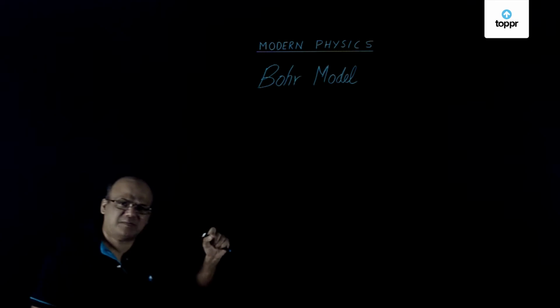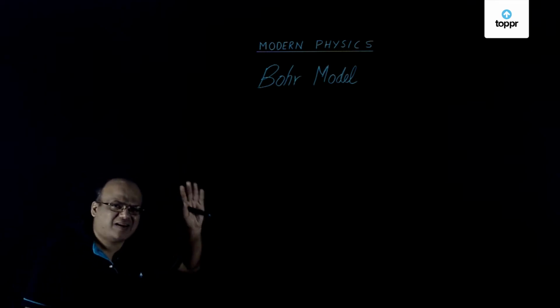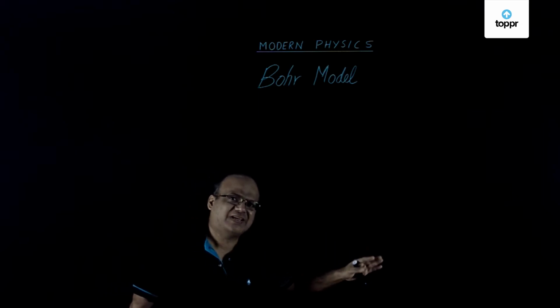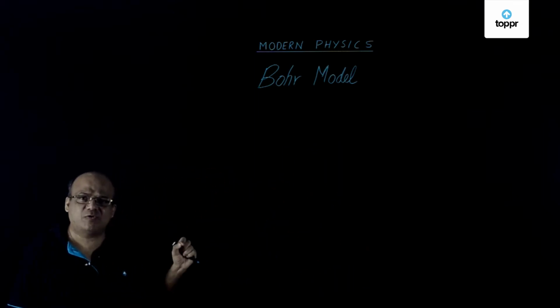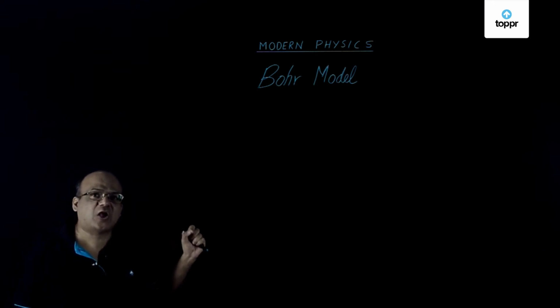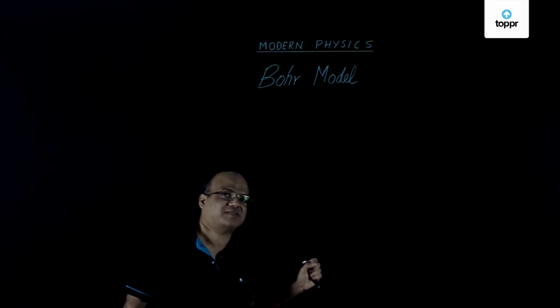The basic assumption he made was that electrons cannot move in any orbit they like. Electrons can move in only certain specified orbits called stationary orbits.